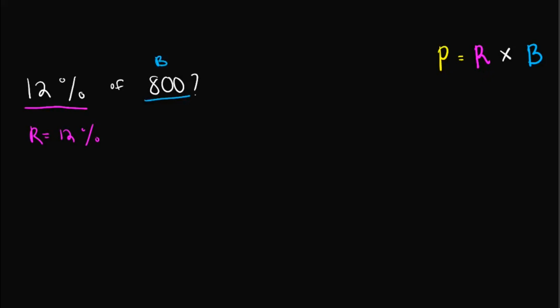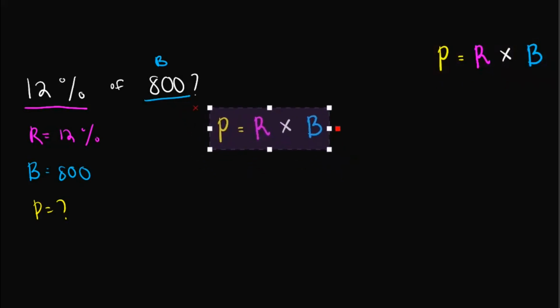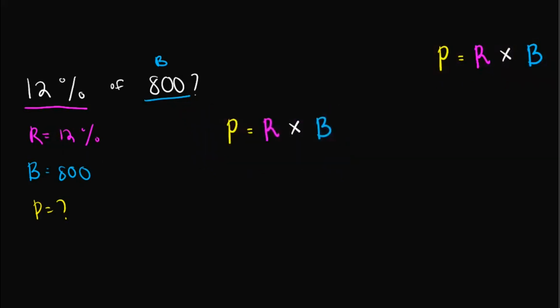So this one refers to the base, and so we are tasked to find the P. So applying the formula out here, this would give us R, which is 12%, times the base, which is 800.